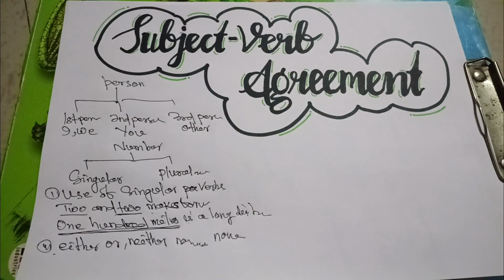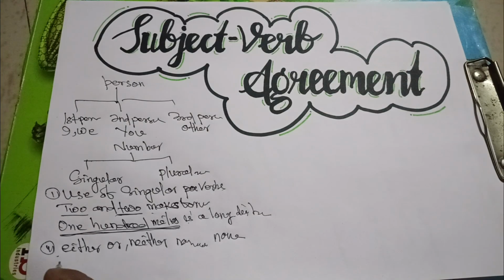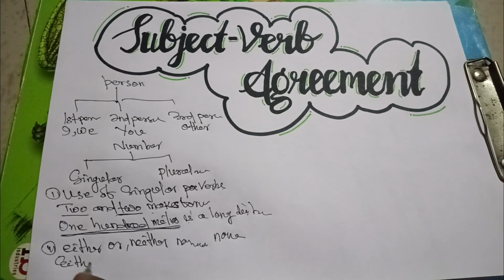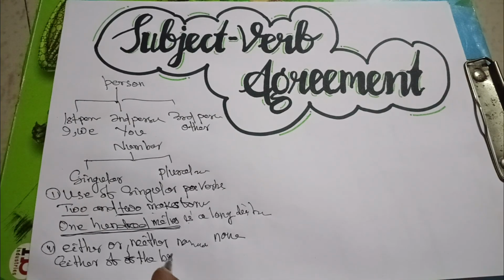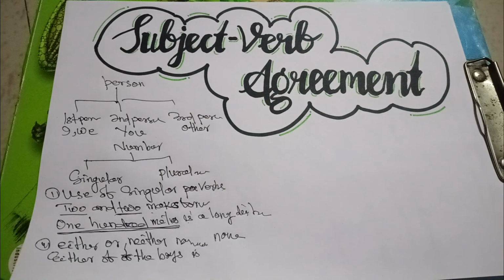For example, either of the boys. Here either of is used. Boys is the plural form, but in that case a singular verb is used. Either of the boys has got a prize. Has is the singular verb.